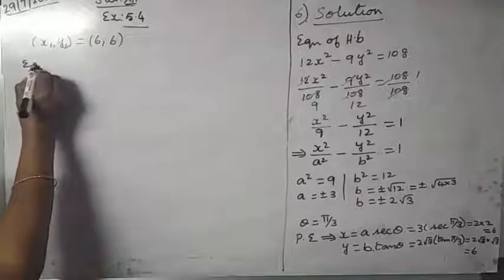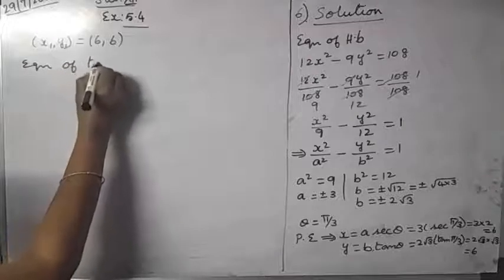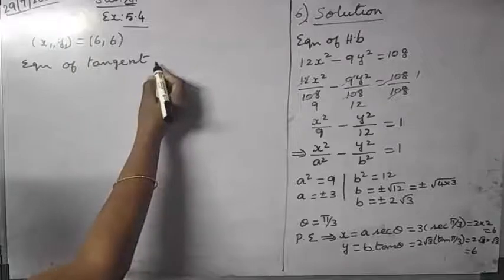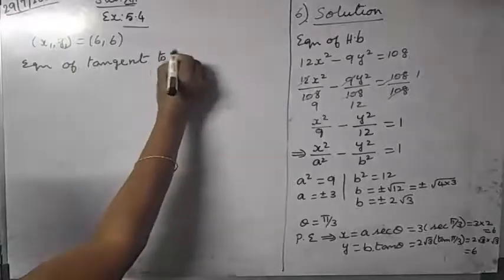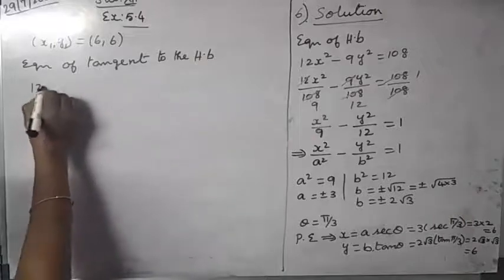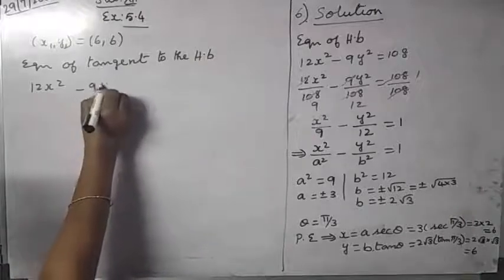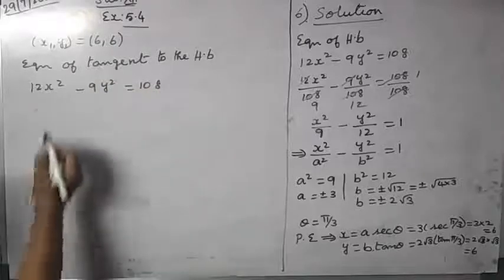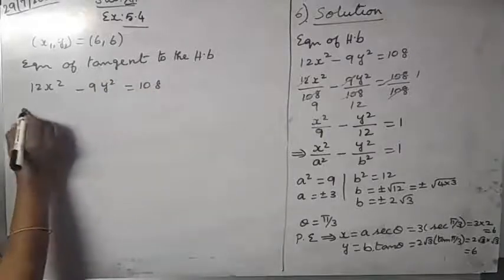So now the equation of tangent, we are going to find that first. So the equation of tangent to the hyperbola. Now what is the equation? 12x square minus 9y square is equal to 108. See, instead of x square, substitute x x1.